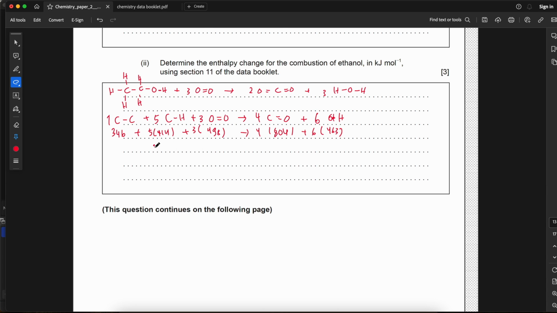You will get 4,731, and here 5,994. So delta H will be bond breaking minus bond forming. So 4,731 minus 5,994, you will get negative 1,263 kilojoule per mole.